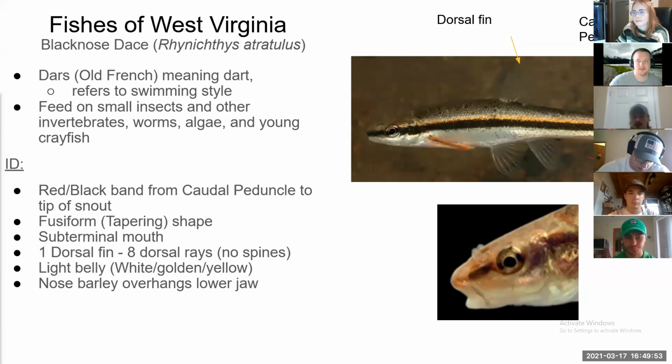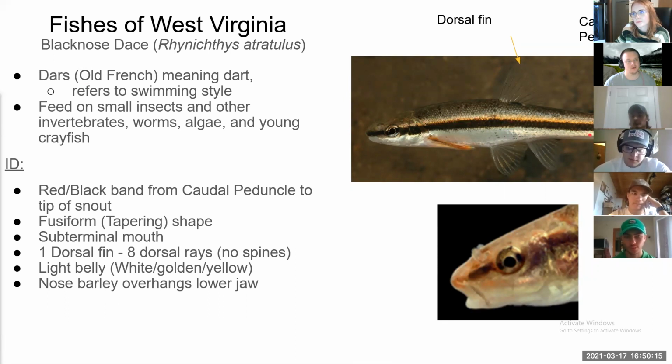The key thing I use to identify it is, so here's the caudal peduncle. It's like this bone right here where the caudal fin comes off. It has this black line that extends all the way past its eye to the tip of its snout. Sometimes there's a pretty clear reddish band along with it.